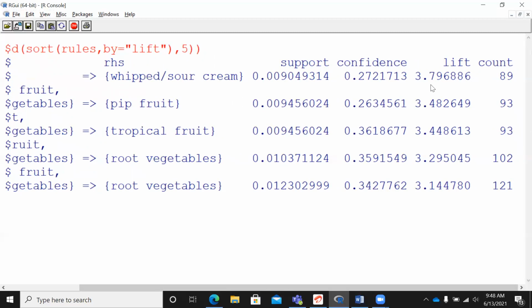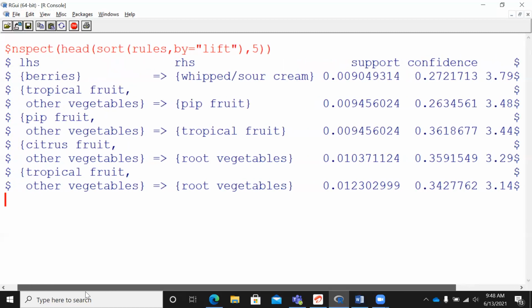Lift indicates the preference to buy whipped cream, given that a customer has already bought berries. I repeat, lift indicates the preference of a customer to buy whipped cream, given that he has already bought berries. Very, very important.